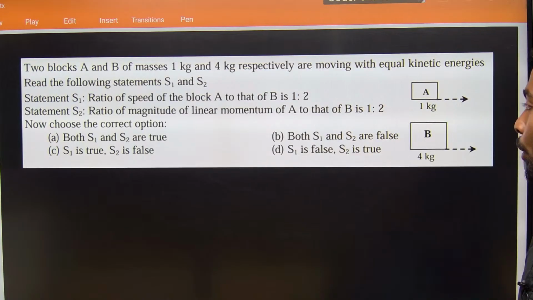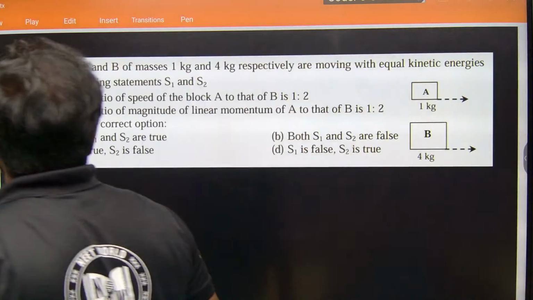Statement 2: the ratio of the magnitude of linear momentum of A to that of B is 1:2. Choose the correct option: both S1 and S2 are true, both are false, S1 is true and S2 is false, or S1 is false and S2 is true. So let's check now.